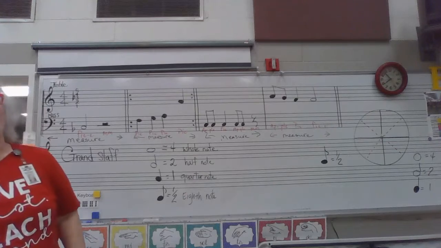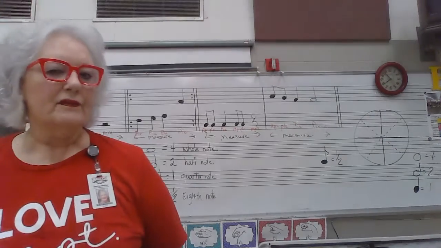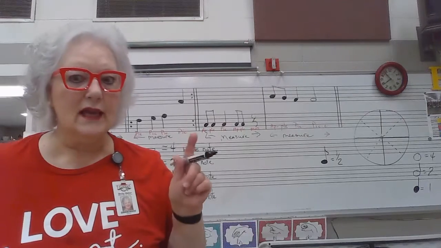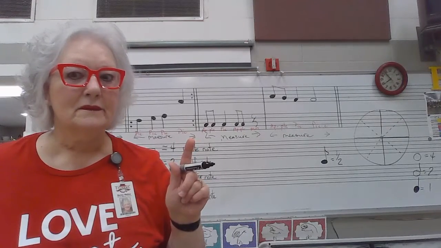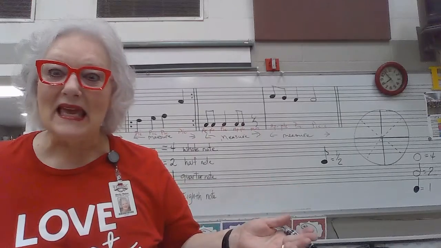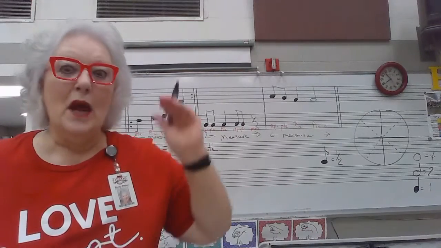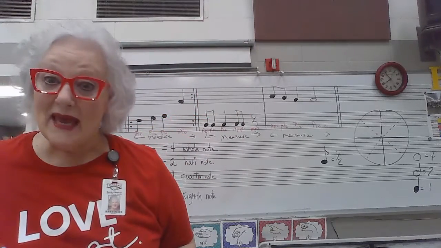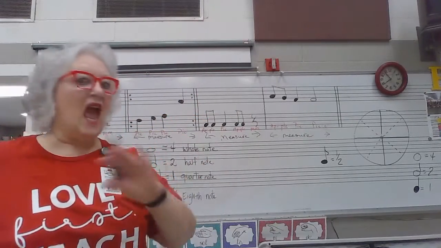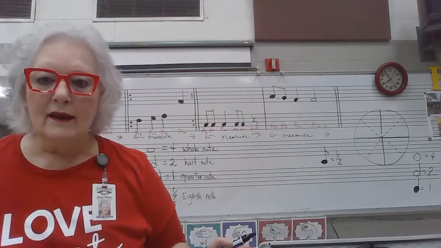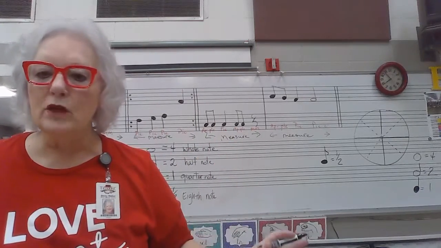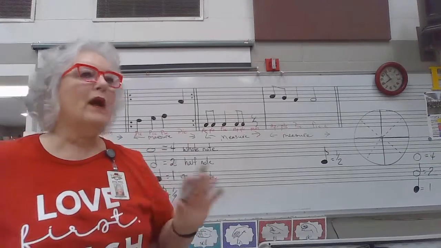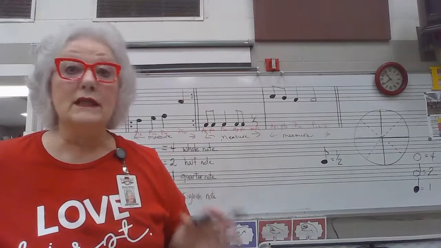What is the 3rd line in the treble clef? Who can tell me the letter name? Think of our saying. Correct, it's a B. Every good boy does fine. So it's a B, all right? So that's telling me every B in the entire piece of music, I don't care where it is located, no matter where it's located, it's going to be flatted.